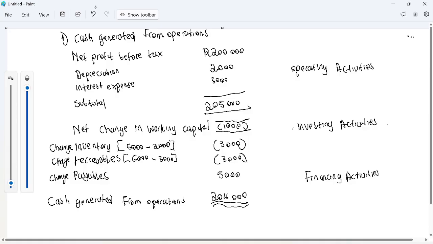So I'm going to post videos on my YouTube channel doing all of these activities bit by bit, portion by portion. For example here, remember the first thing that comes here is what is known as cash generated from operations. So this total amount here, I'm going to put it here, 204,000, right?